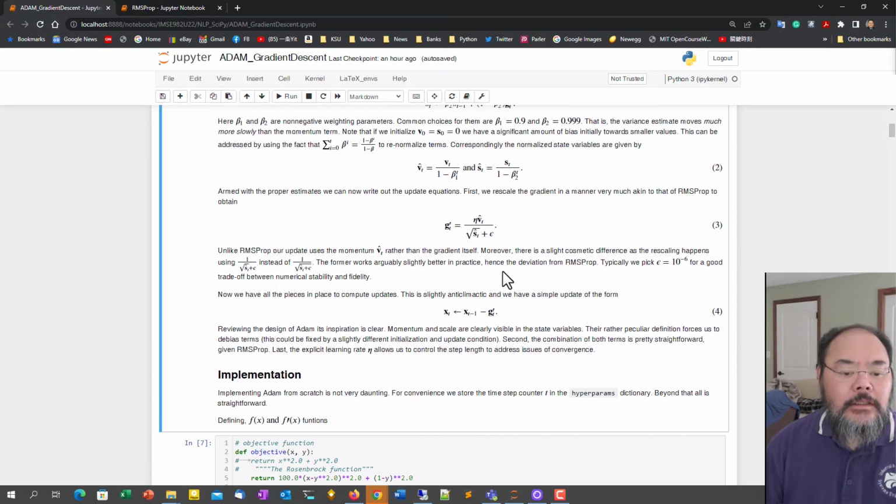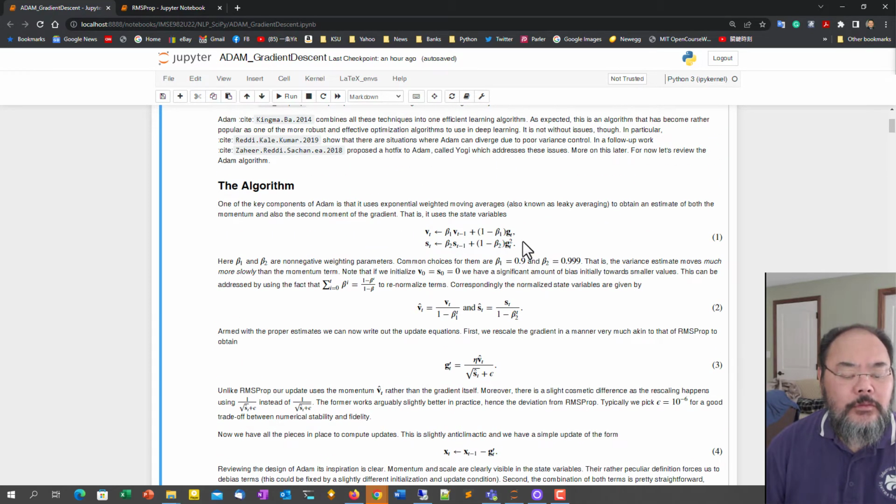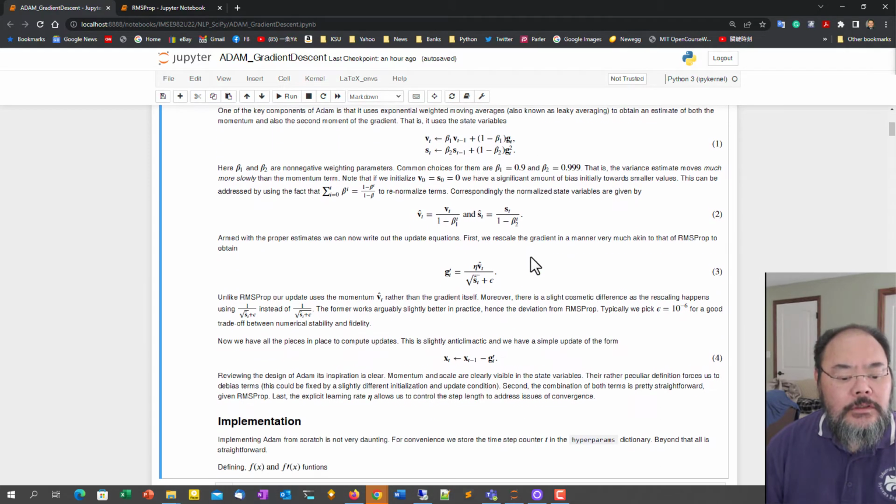So it looks like the Adam algorithm is mimicking the update equation we use for RMSprop. However, it keeps two different momentums, first order and second order.